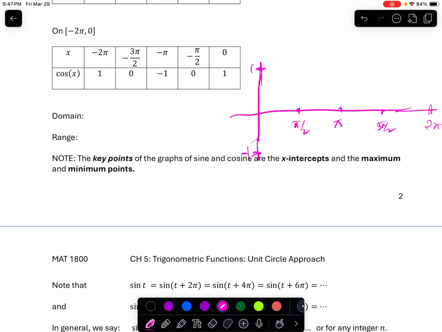And if it's the graph of sine x, it will start at 0. At pi over 2, it will be 1, and 0 at the multiples of pi. And it will be negative 1 at 3 pi over 2. Something like that. Okay. So this is your graph of sine.